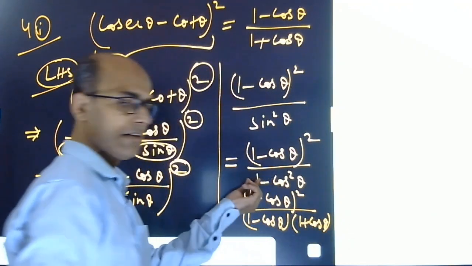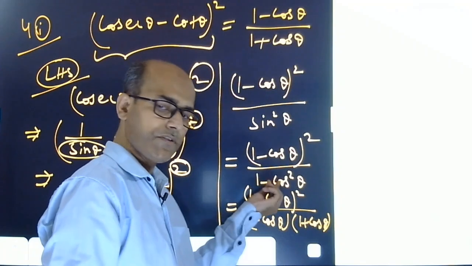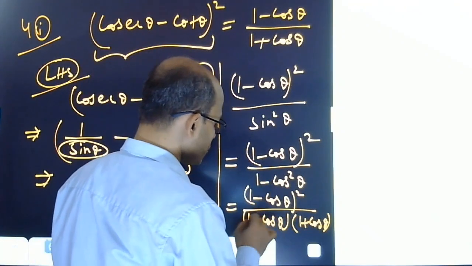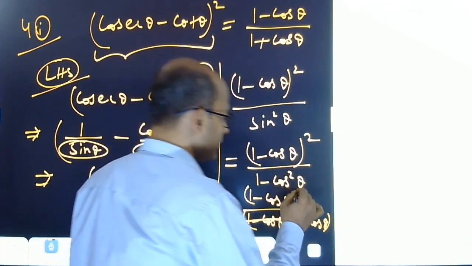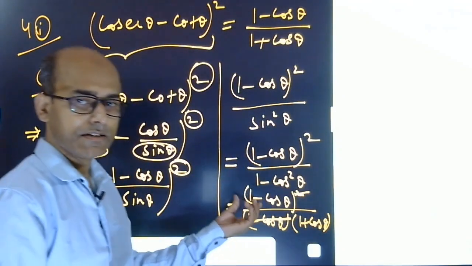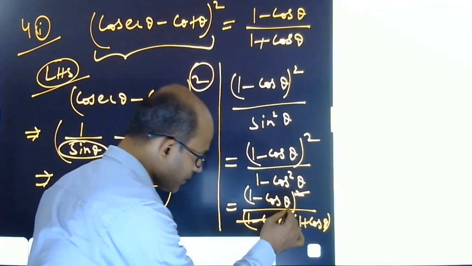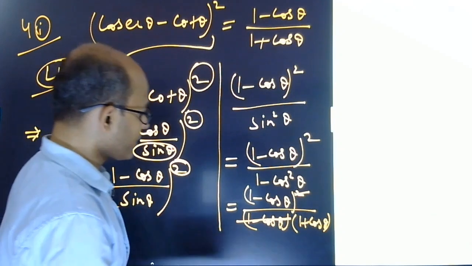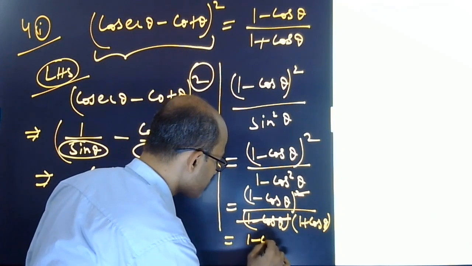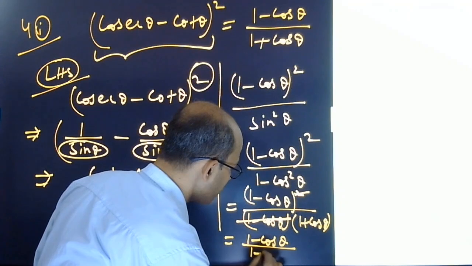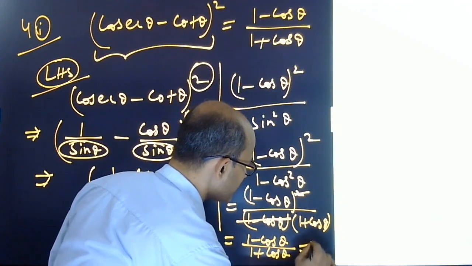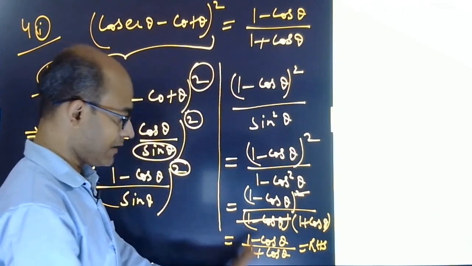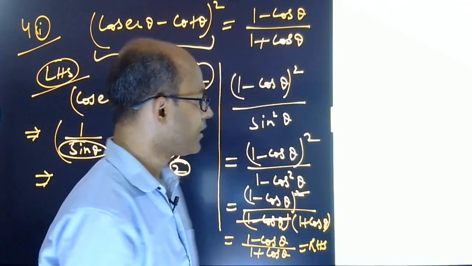In the numerator there is power 2 and in the denominator power 1, so one factor gets cancelled out, and we obtain the RHS, that is 1 minus cos theta divided by 1 plus cos theta. This was the result we were asked to prove. I hope you are understanding very clearly.